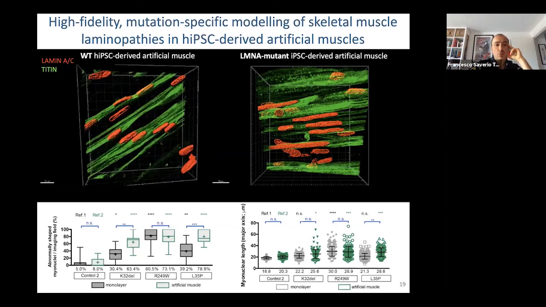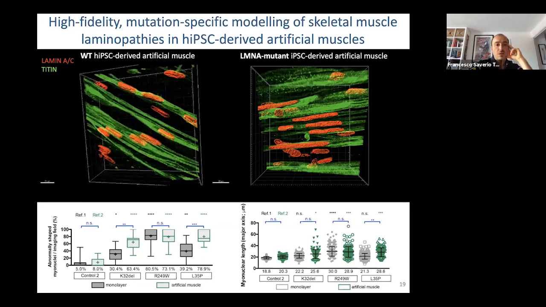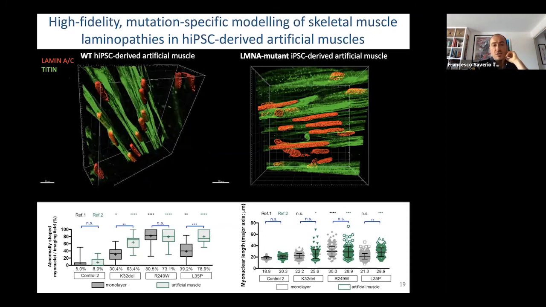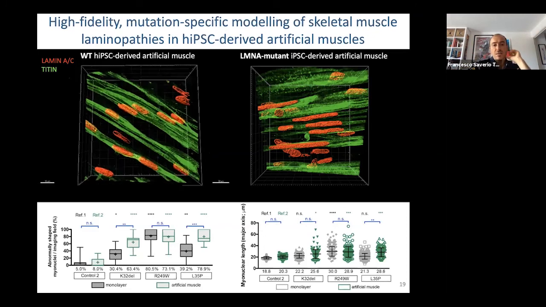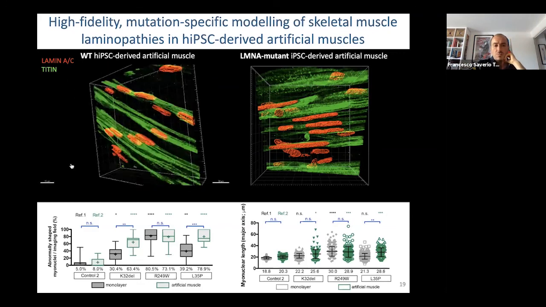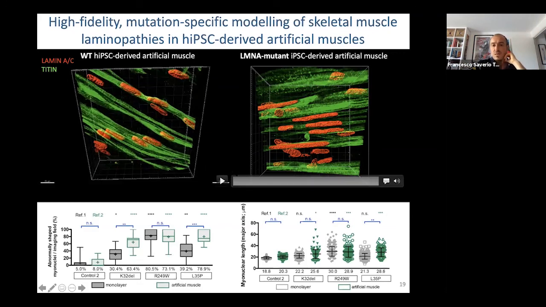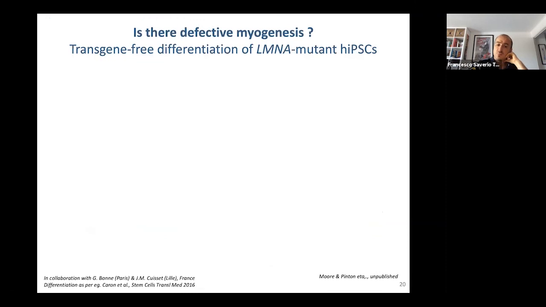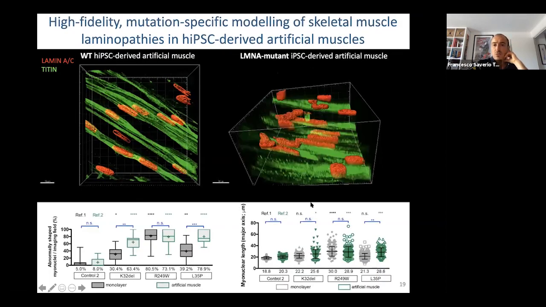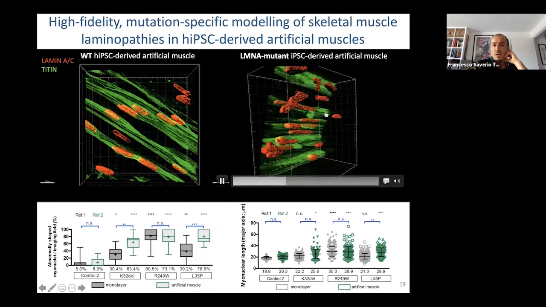So you can see the nuclei inside the fiber. You can see that the nuclei are aligned along the direction of the fibers, and they are slightly elongated as you would expect in nuclei, but nothing particularly abnormal. And then when you try to do the same thing with the LMNA-mutant iPSC-derived artificial muscles, you can actually see now that the nuclei are massively elongated.